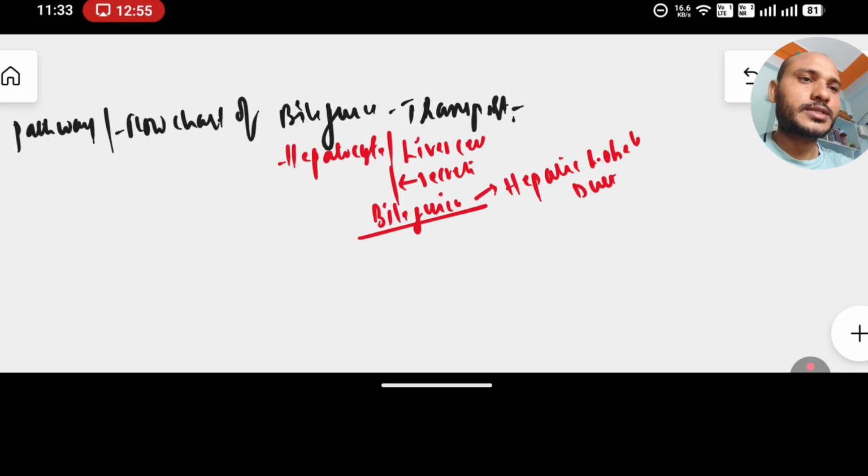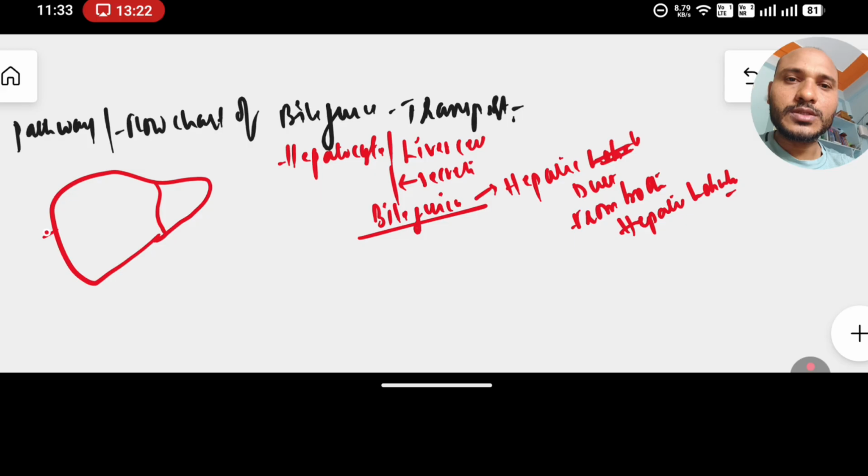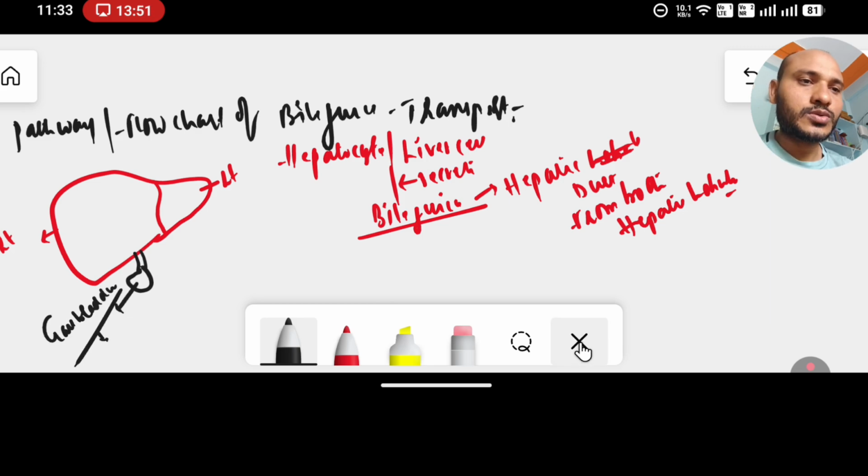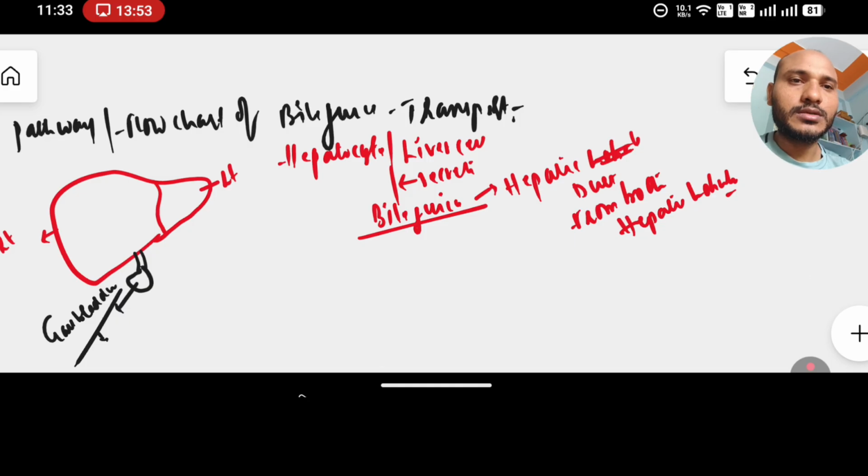This bile juice is collected by the hepatic duct from both lobes. This is the falciform ligament, the right side hepatic lobe, and this one the left side hepatic lobe. At the base of the right hepatic lobe, there is a thin muscular sac-like structure called the gallbladder. The main function of the gallbladder is to store and concentrate the bile juice.